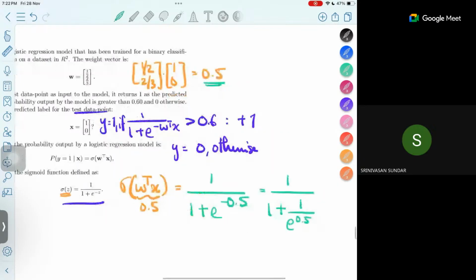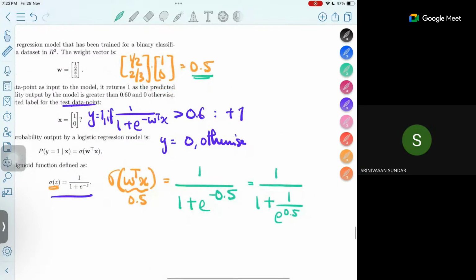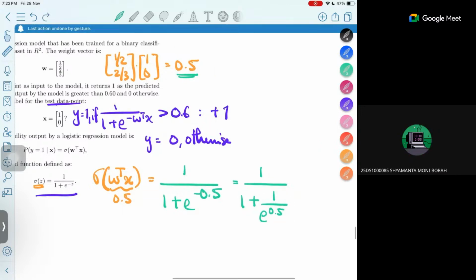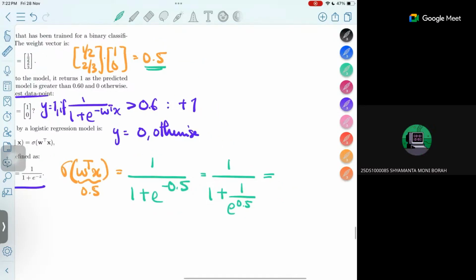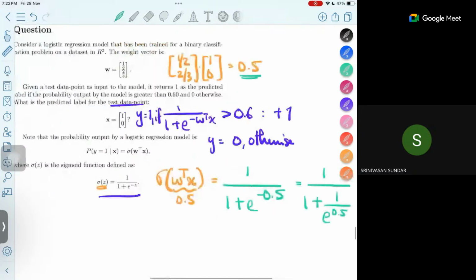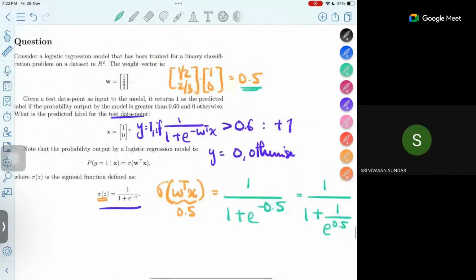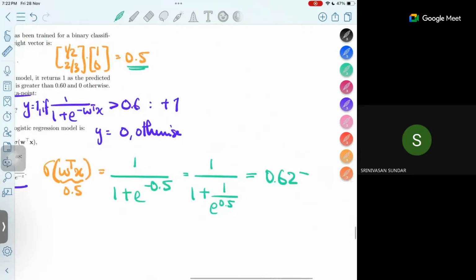Can someone tell me what the final value of this entire expression is? It's 0.62, which is greater than 0.6.